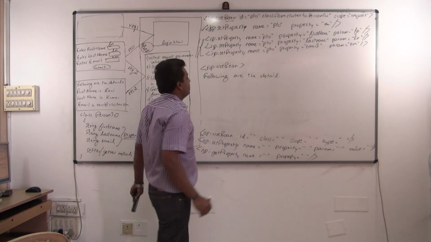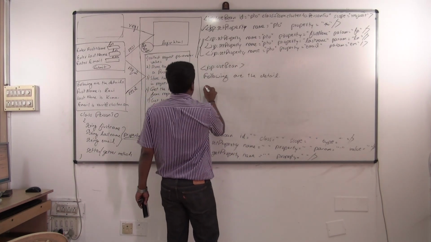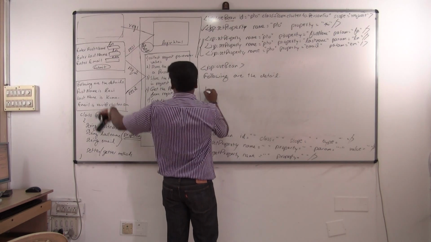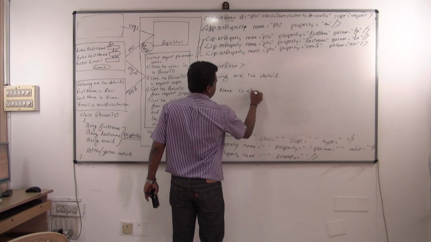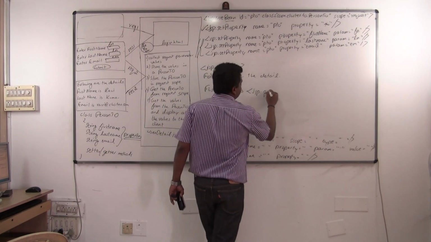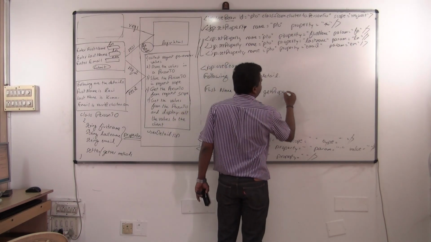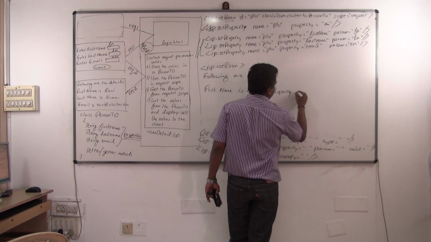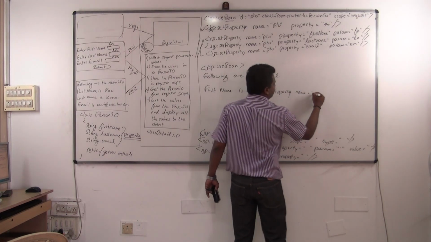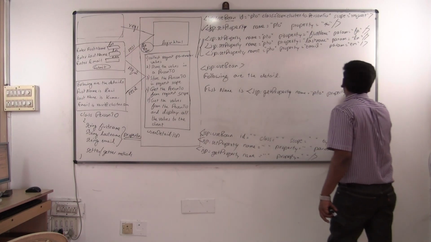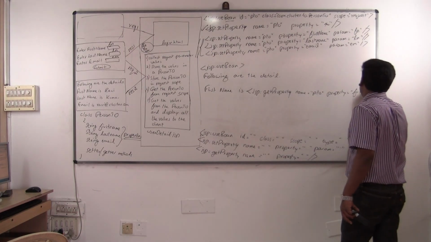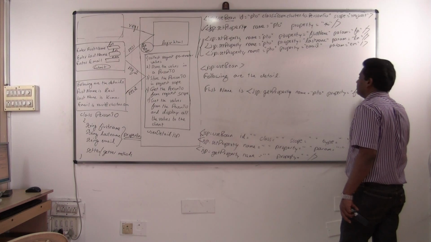Yeah. So following are the details. Yes, what will you write? This is the output you want now. First name is, what will you do now? jsp:getProperty. That's all. Name is equal to which one? PTO. Property is equal to what? First name. What is the property name? You provide it.